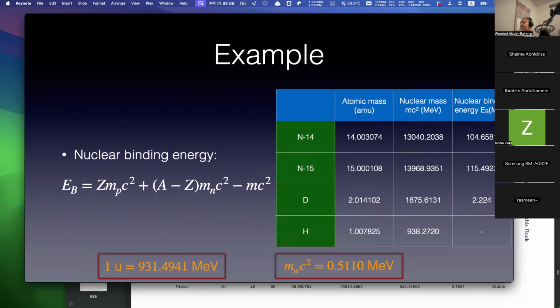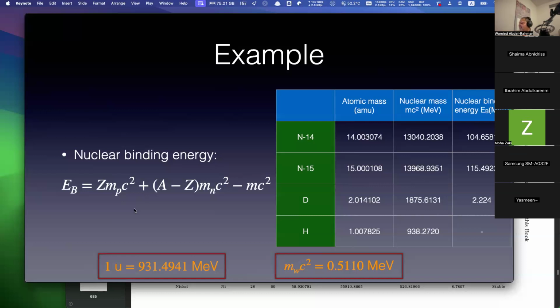If we sum the mass of 6 individual protons plus the mass of 6 individual neutrons, and we look at the mass of a carbon-12 nucleus, we will find that the mass of the carbon-12 nucleus is actually less than the mass of 6 protons plus 6 neutrons. That mass difference is converted into binding energy. This is the energy required to keep the nucleus together.